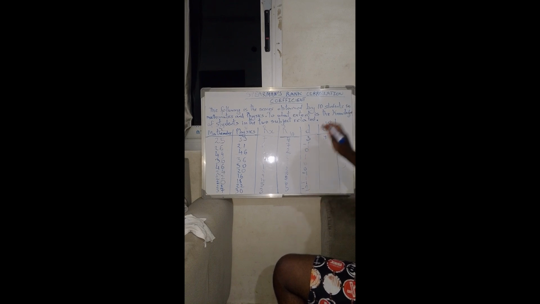And here we have minus 1 times minus 1, which is equal to 1. 0 times 0, this is 0. 1 times 1 is 1. 0 times 0, 0. 0 times 0, 0. Minus 1 times minus 1 is equal to 1. 1 times 1, 1. Minus 1 times minus 1 is equal to 1. Minus 2 multiplied by minus 2 is equal to 4. Here we have our D square.